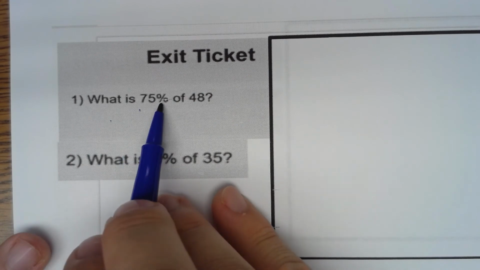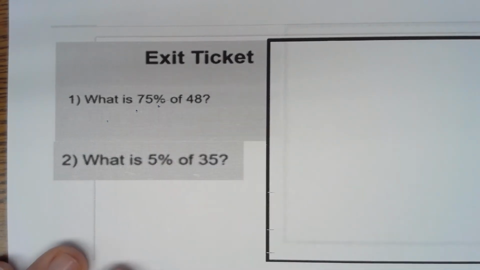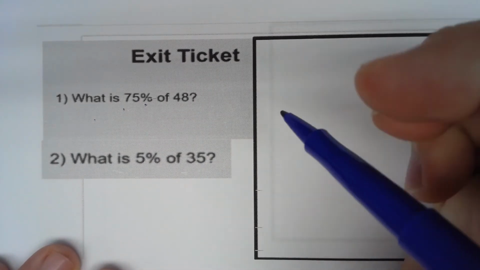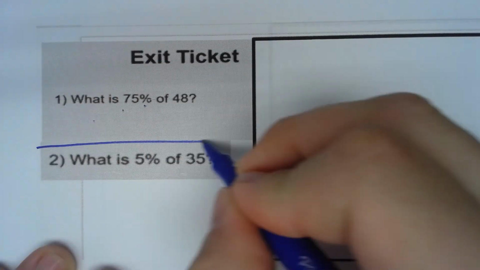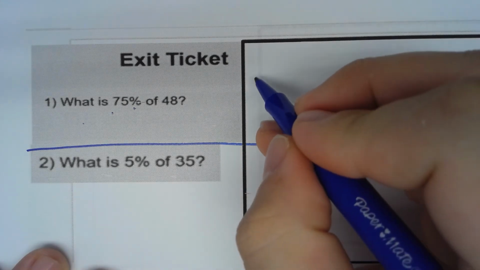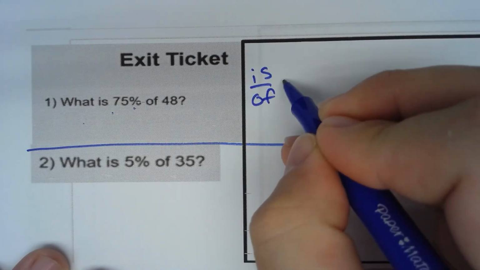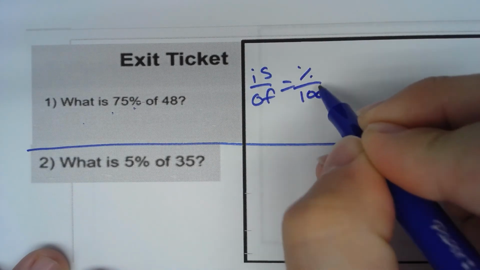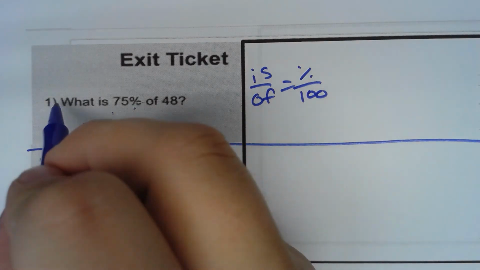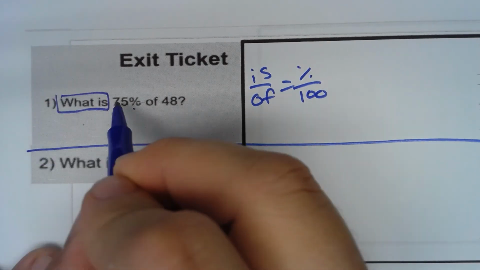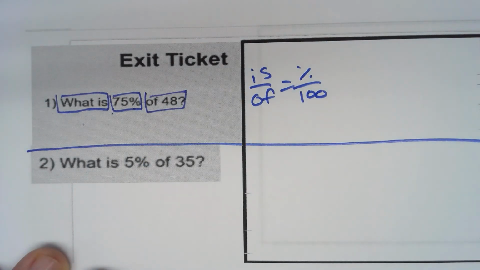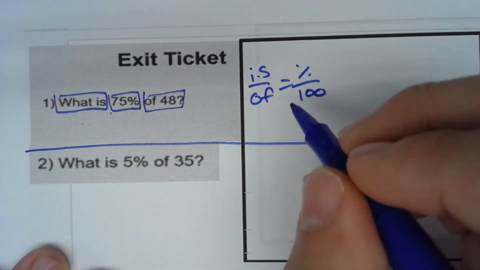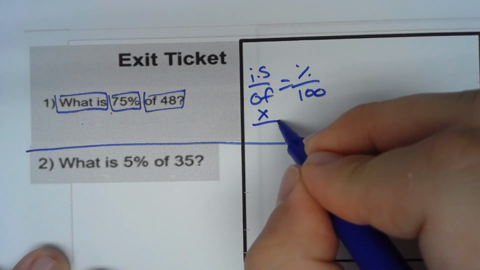What is 75% of 48? For this one, let me just write this over here: is over of equals percent over 100. So what is 75% of 48? I don't know what is, so I'm going to write x.